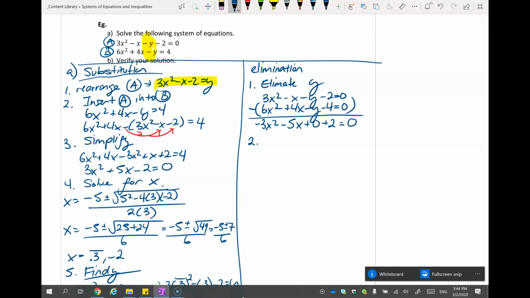In our second step, we're going to rearrange and solve for x. So then we have now -3x squared minus 5x plus 2. I could factor out the negative. And then you're going to see this part here is the same thing as what we had over here.